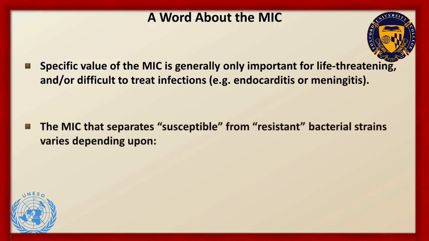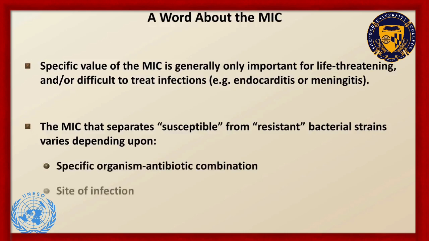The MIC that separates susceptible from resistant bacterial strains varies depending upon the specific organism-antibiotic combination, the site of infection, and the type of media used during testing. As a consequence, accurate interpretation and utilization of the MIC while treating a severe infection usually requires consultation with a reference guide, the microbiology lab, or an infectious disease specialist.